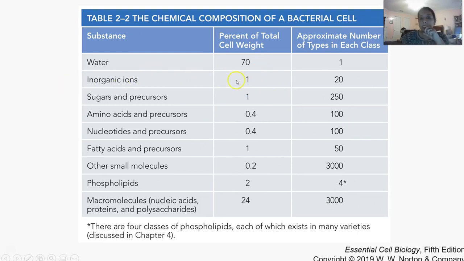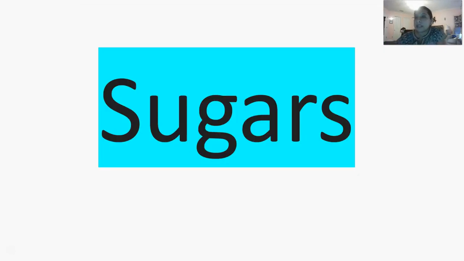And then inorganic molecules make about 1%. And the remaining is organic molecules, whether it be sugars, amino acids, proteins, or fats. And that's what we're going to be talking about. So the macromolecules, these big organic molecules that we just talked about that are made of these small subunits, are 24% of your mass. So we're going to go through them one by one.